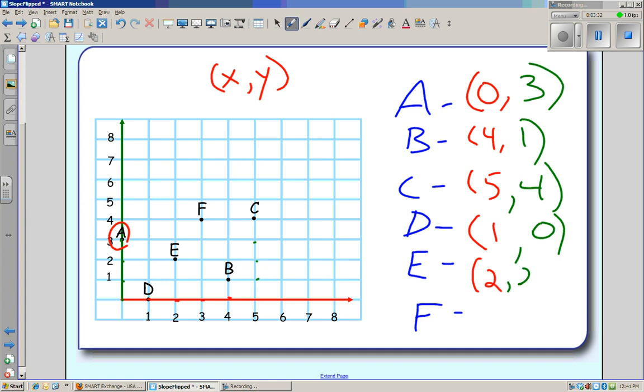So it is 2, 2. And F, it moves over 3. It moves over 3 and up 4. Those are your ordered pairs. Like I said, I moved through it quickly, but if you have any questions, please come see me.